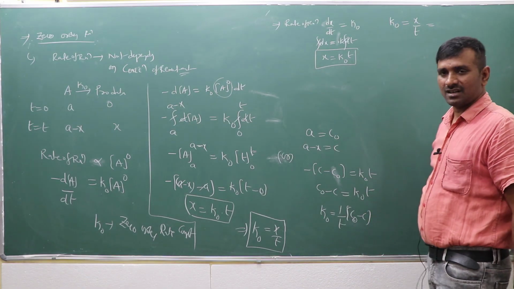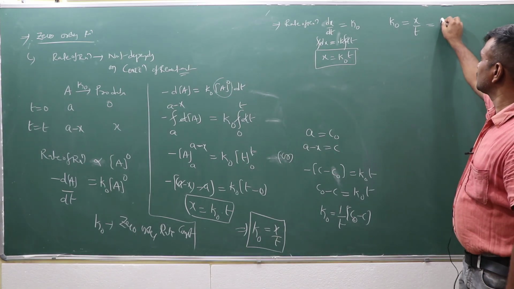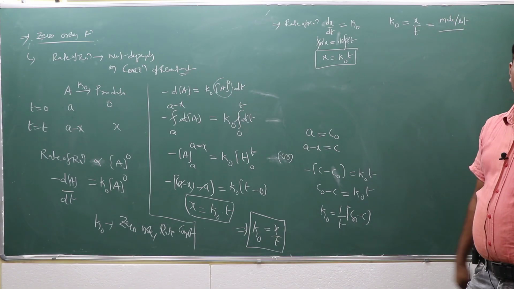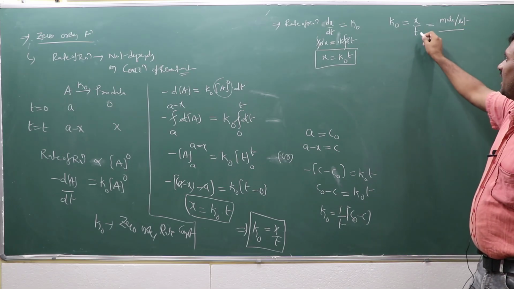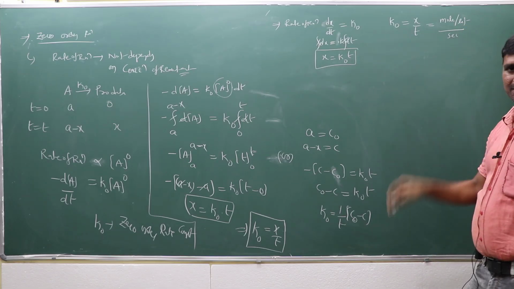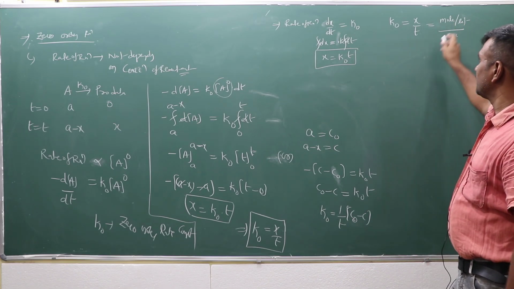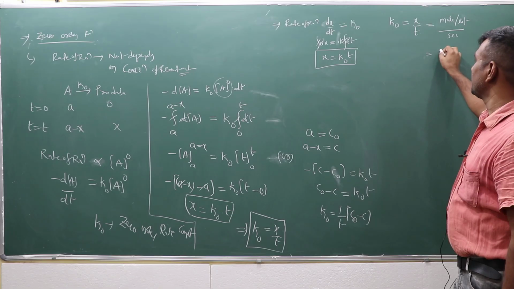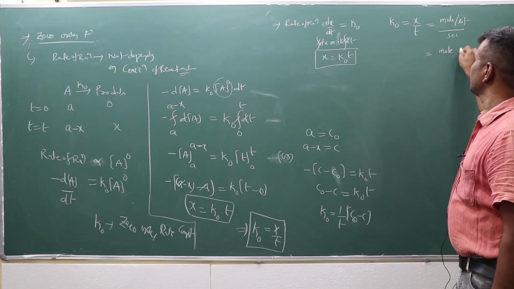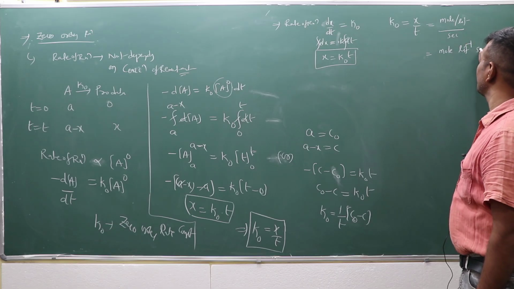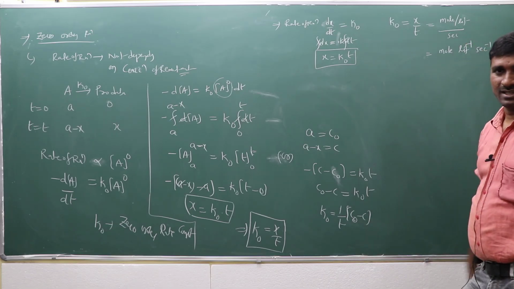The units of x are concentration, so moles per liter, and time t is in seconds or minutes, whatever it may be. So mole by liter means mole liter inverse, and the denominator second goes to the numerator as second inverse.